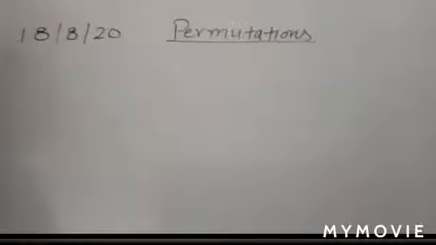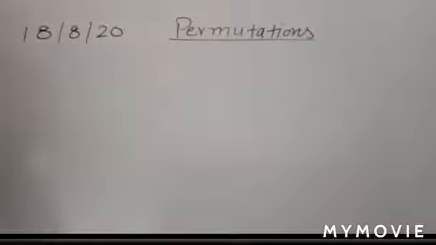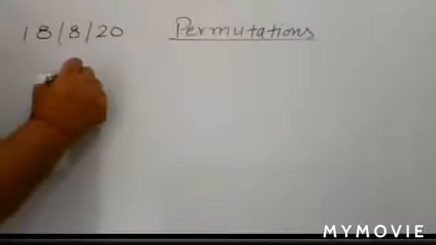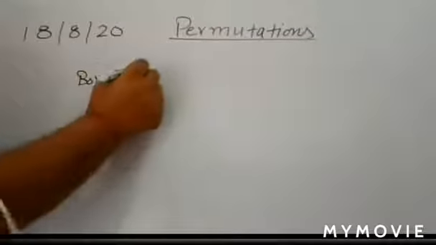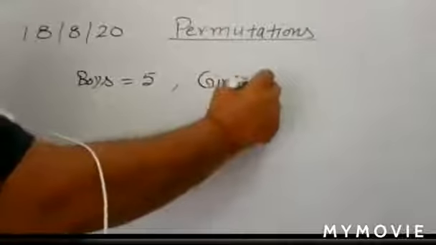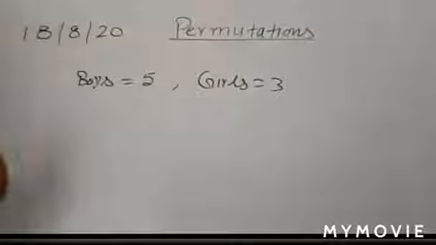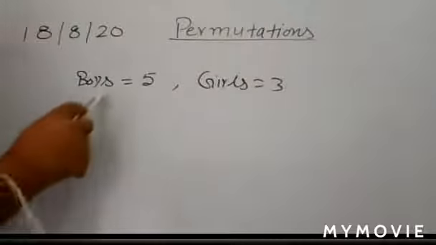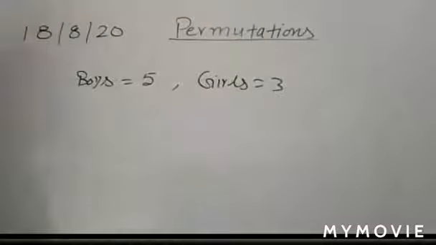Actually, here you have 5 boys and 3 girls. Okay, just see. Boys 5 and girls 3. Your condition is how many ways can 5 boys and 3 girls be seated in a row so that no two girls are together.